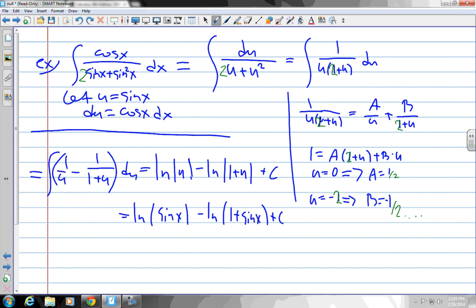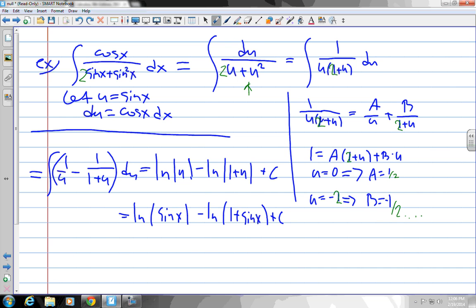But u is sine, and sine is bounded by negative 1 and 1. So I cannot just say let sine equal 2. That's never equal to 2. In the context of the problem, if I forget where that comes from and start here, then there is no issue.